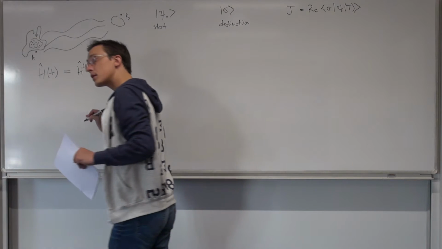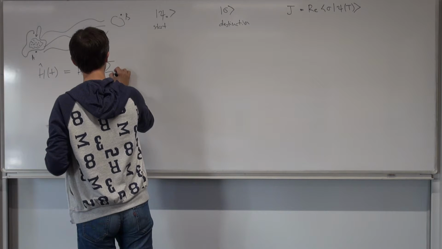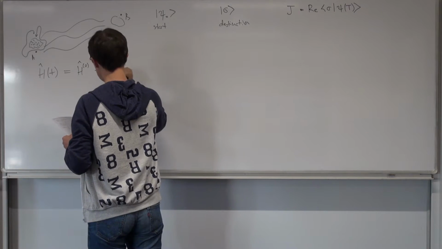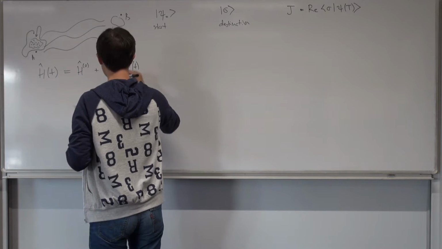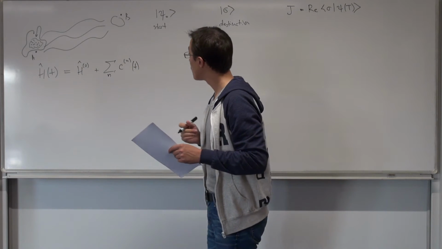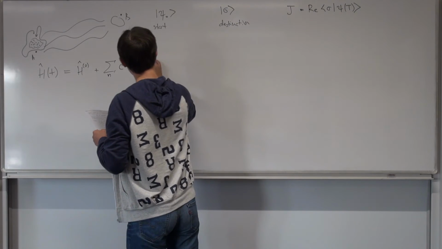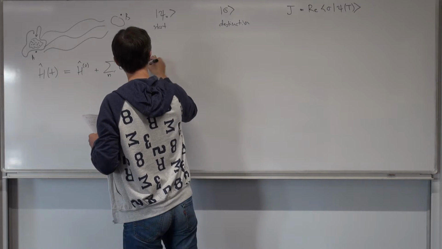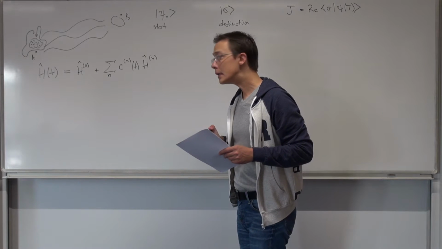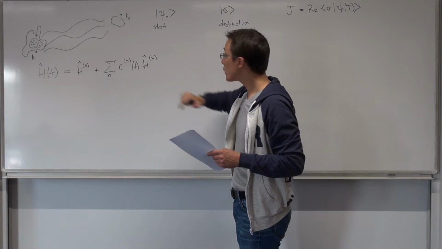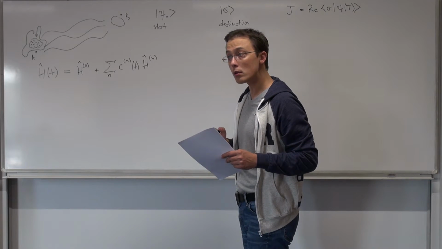But we also have things that we do control. So there will be a bunch of operators in magnetic resonance, typically radio frequency, some operators On, some coefficients, Cn, which could be time dependent because our instrument can alter the magnitudes of the corresponding electromagnetic fields, and then operators corresponding to those fields. Now, this part is called the control part. The operators in question are called the control operators, or in the jargon just controls.